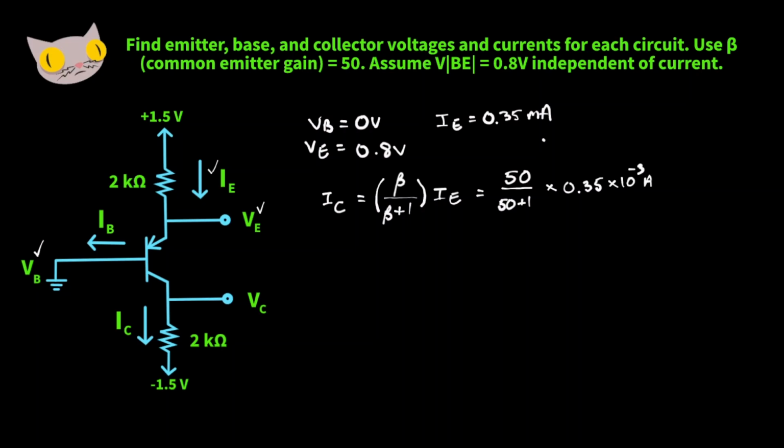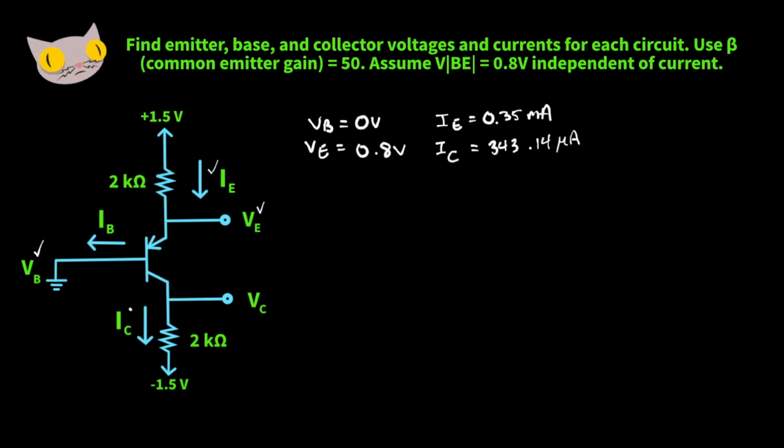That's 0.35 milliamps. So that's going to give us a value of about 343.14 microamps. So we can check the collector current off.